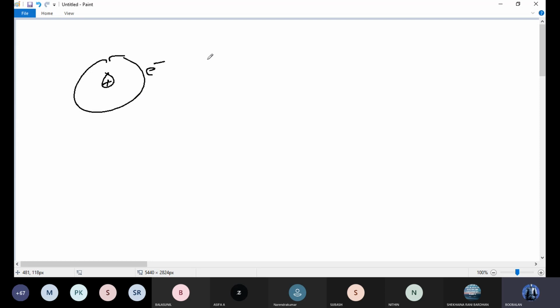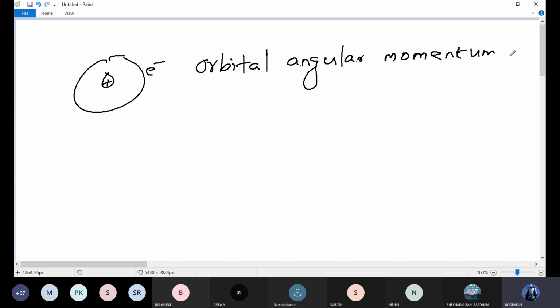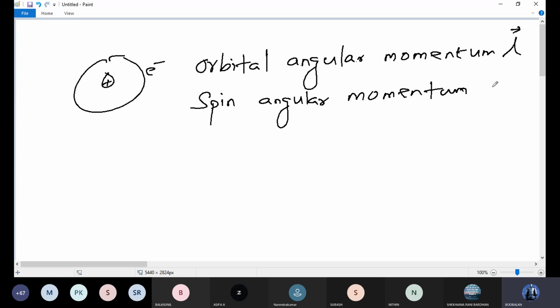Orbital angular momentum is the L vector. Spin angular momentum is the S vector.